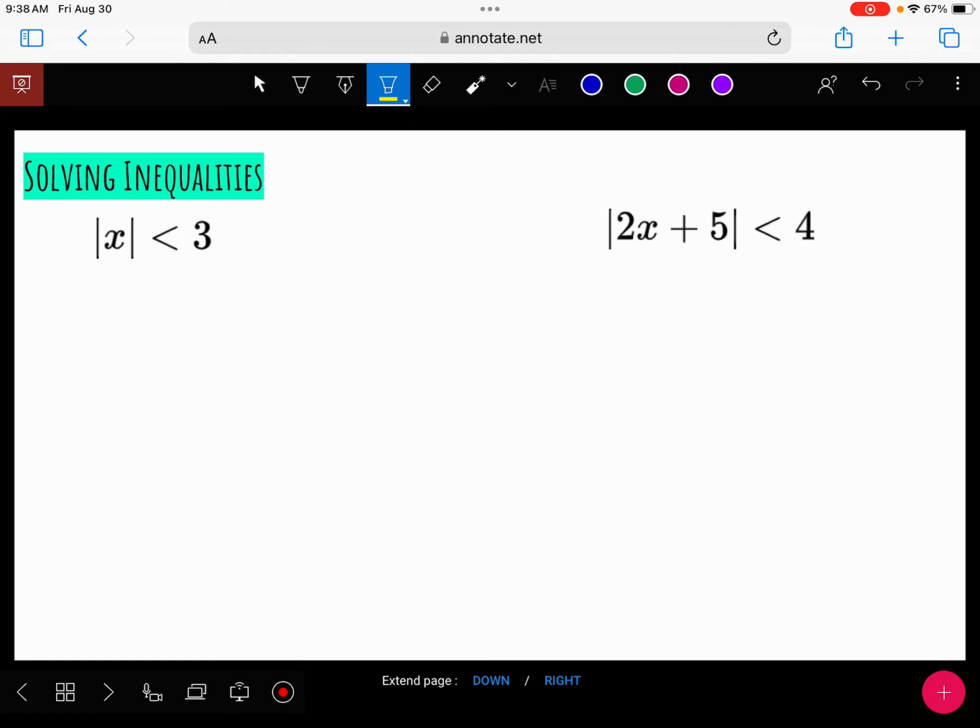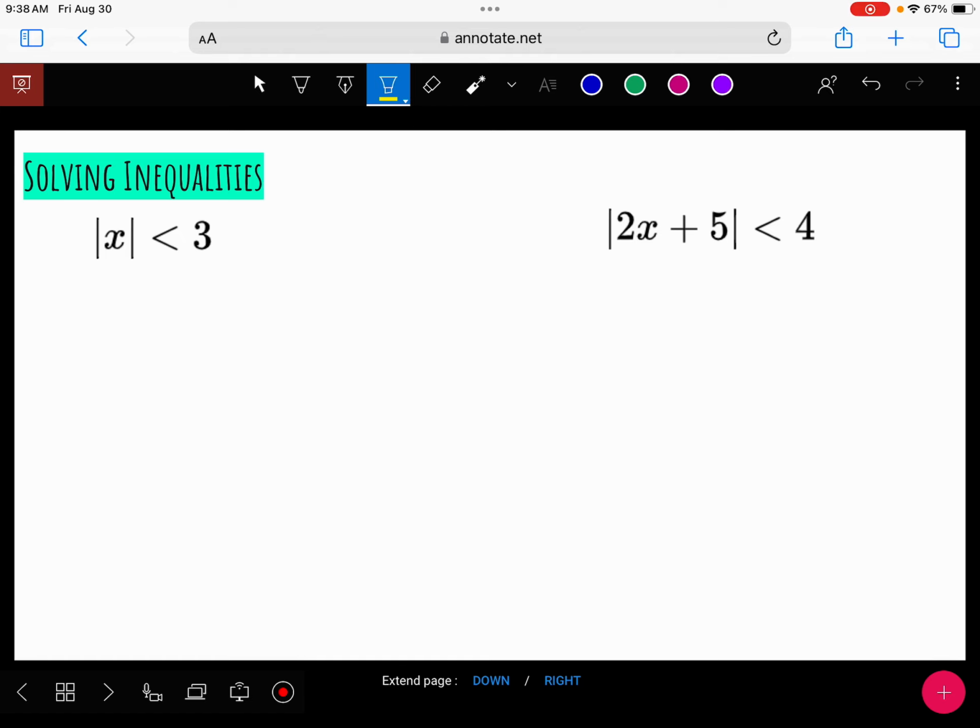Okay. So let's think about it on this first one. If I know the absolute value of x is less than 3, what does x, not absolute value, what does x need to be between? Well, big problem, yeah, between negative infinity and infinity.